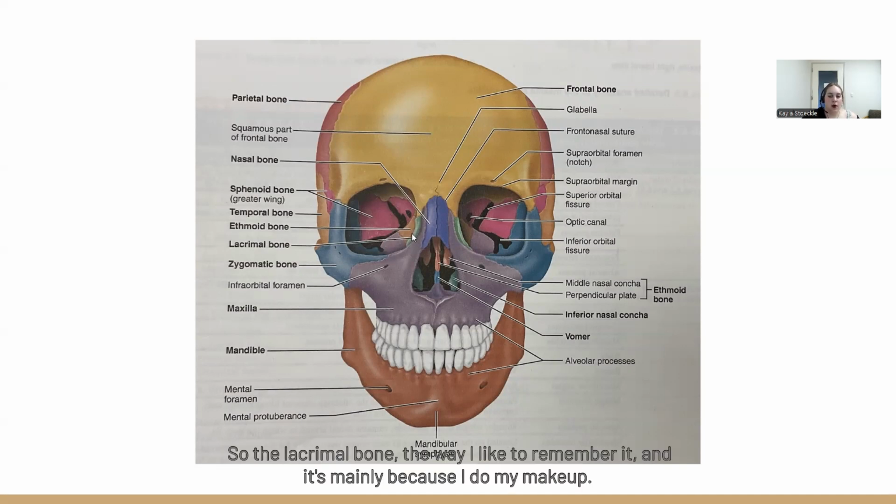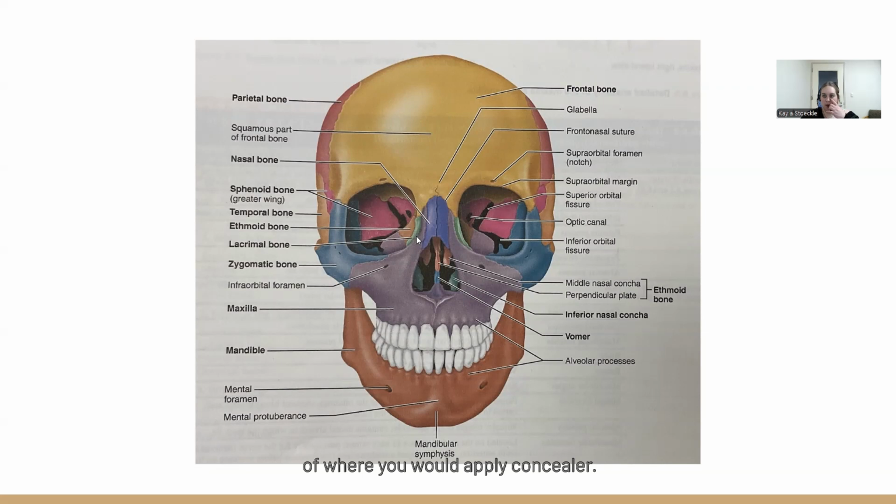The way I like to remember the lacrimal bone, and it's mainly because I do my makeup, so anyone else who does makeup might also relate, is that it's kind of where you'd apply concealer. It's kind of right here. It's still kind of where your eye lies, but not quite. It's the very innermost part of the eyelid.